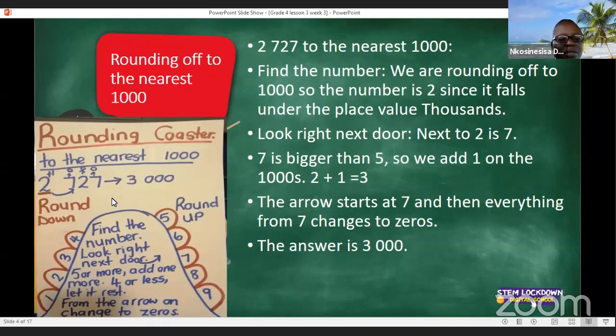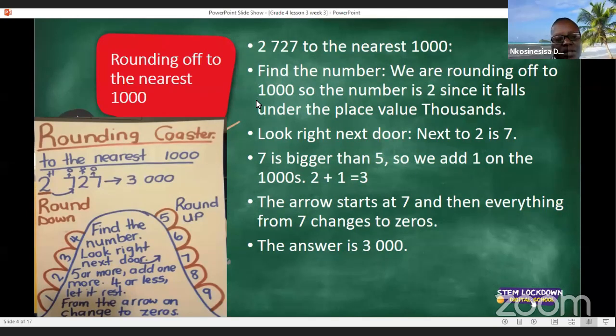All right, I'll continue. I hope everyone can hear me because I was muted there for a minute. All right, so we move on to another example because we cannot take one example and run away with it. The number that we have there is 2,727, and we are rounding it off to the nearest 1,000.